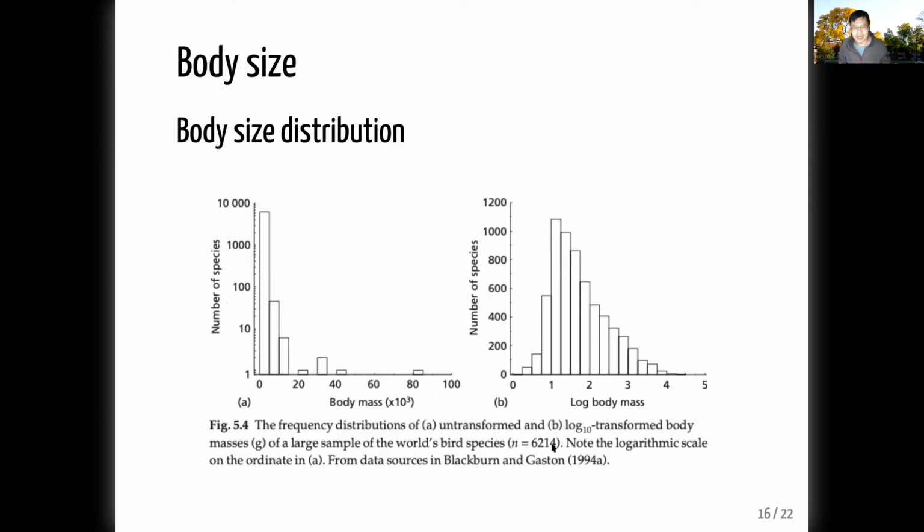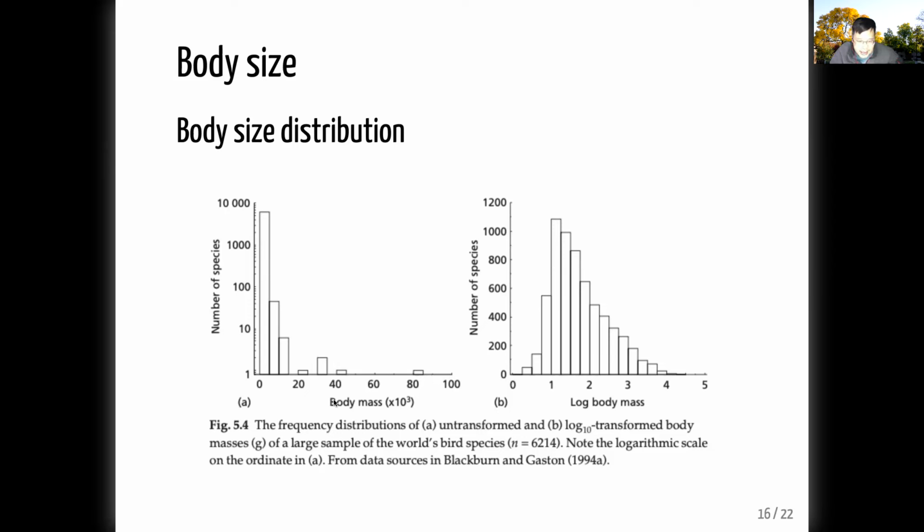And we can take a measure of that and compare it. Taking birds as an example, the frequency distribution of raw body mass is going to be highly skewed, skewed to the right.